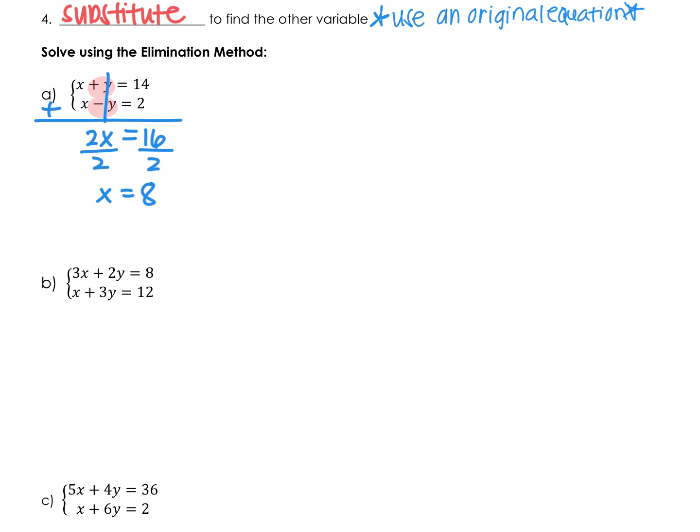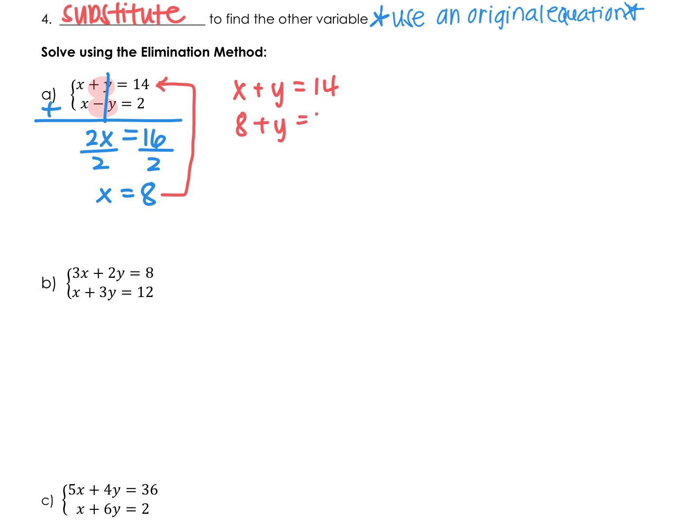Okay? Now what we're going to do is similar to what we did at the end of substitution. We are going to take that variable that we found, x equals 8, and we're going to plug it back in to one of the original equations. It doesn't matter which one you choose. You will get the same answer. I'm going to pick the first one because it's positive. So it would be x plus y equals 14. So I'm going to plug in 8 for x.